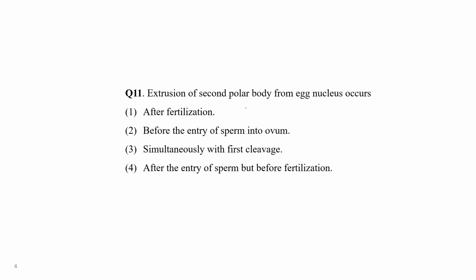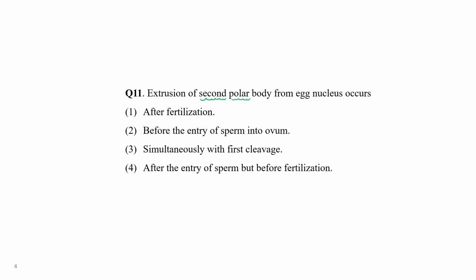Clear? Next question, question number 11. Extrusion of the second polar body from the egg nucleus occurs after fertilization, before the entry of sperm into the ovum, simultaneously with first cleavage, or after the entry of sperm but before fertilization. Just now we discussed the same kind of question.